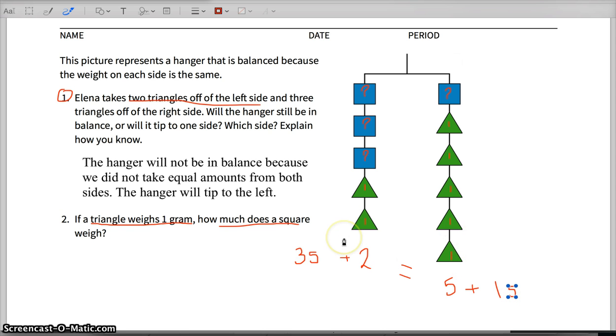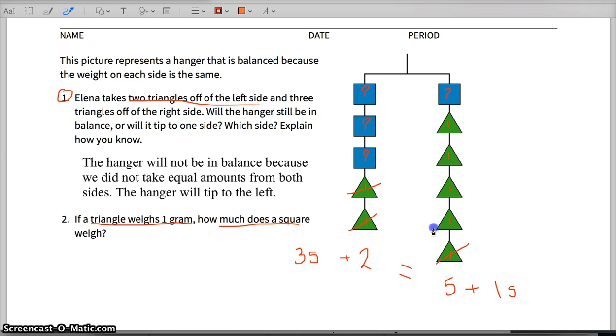All right, so let's see if we can do some math here. Let's see if we can get rid of something on this hanger so that we can only have 1 square left on either the left or the right that we can work with. So earlier we went through and we crossed out some triangles. So let's go ahead and cross out these triangles, get rid of the 2 from both sides.